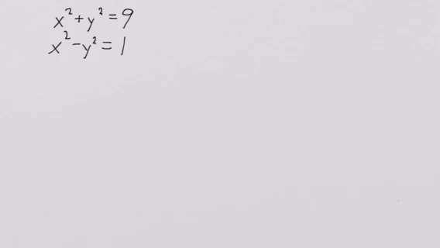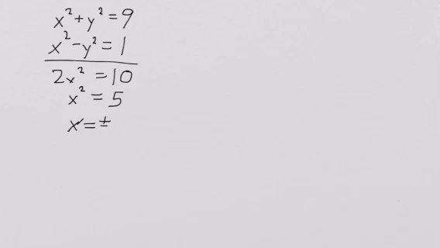We can go ahead and add those together and we get 2x squared equals 10, or x squared is equal to 5, meaning x is equal to plus or minus the square root of 5.